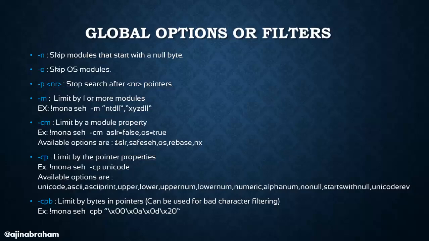So there is a hyphen there, hyphen cpb, and then you can specify that particular byte or combination of bytes. So in our case, if you want a pointer that doesn't have null, then you can provide it like quotes \x00 close the quotes, right? So these are the global options, and we will come to this when we are doing the commands.